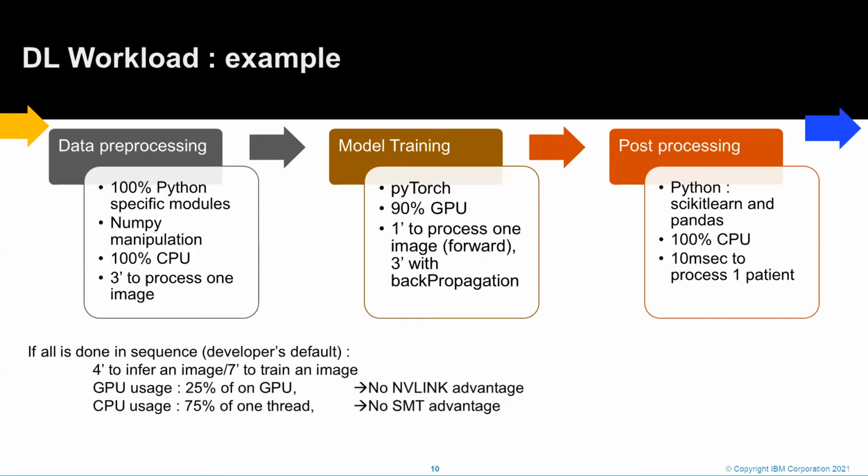It's not really a surprise, but the performance was terrible in terms of response time, because the data preparation takes a while, like 3 minutes just to process one image, while the inference of the model itself was pretty fast, like 1 minute for the forward pass.